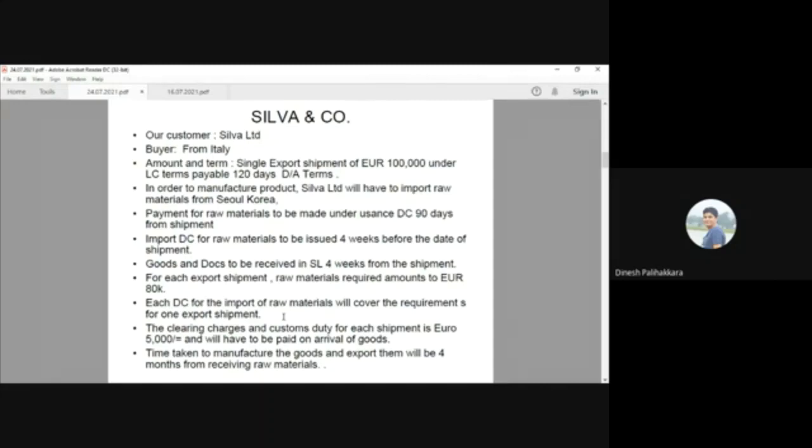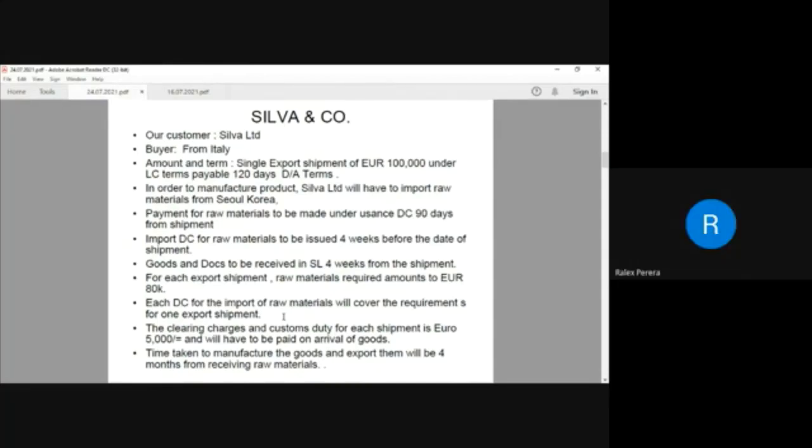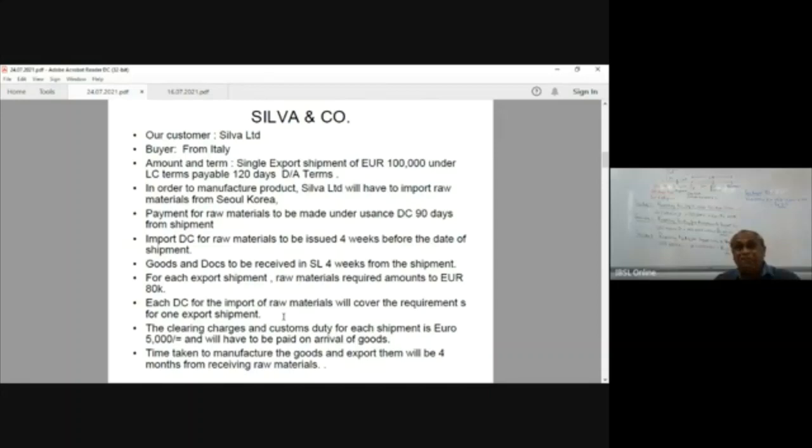Import of raw materials will cover the requirements of one export shipment. For each export shipment, raw materials required amount to euro 80K. Single export shipment of euro 100,000.